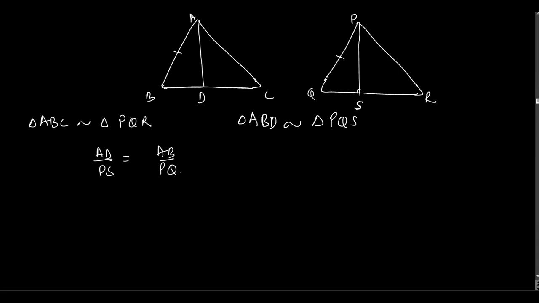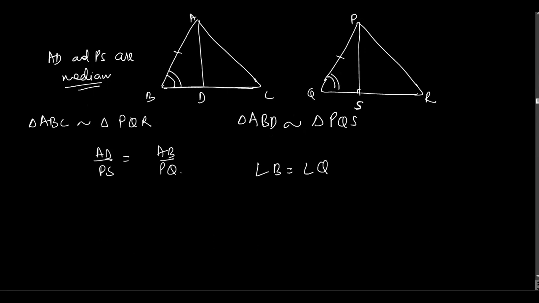So if this triangle is similar to this one, how can you prove that if these are the medians, the corresponding medians will also be equal? If AD and PS are medians, means they are bisecting the third side. So I can write angle B is equals to angle Q. Why? Because this triangle is similar to this one.